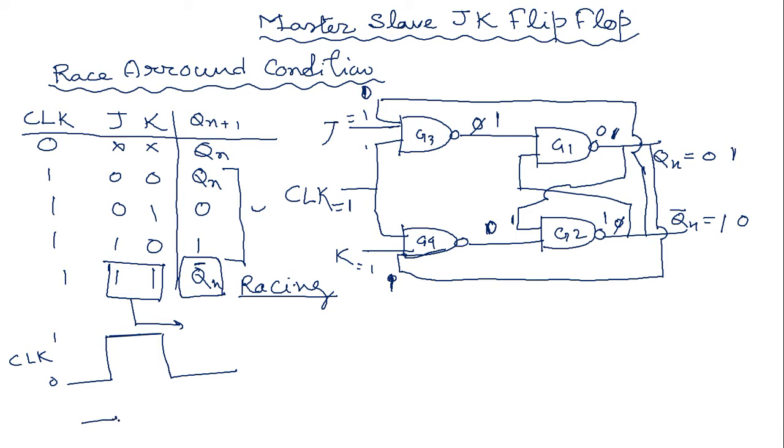First, initially Qn is 0, then Qn 1, Qn 0, Qn 1, Qn 0, Qn 1, it is running. That is a 0 and 1, that is Qn. So in a single clock pulse, we can observe multiple changes of Qn, we should get multiple changes in the Qn.